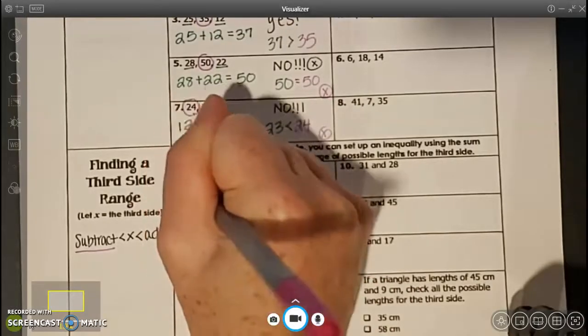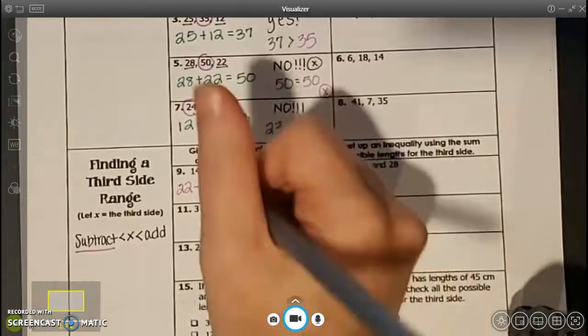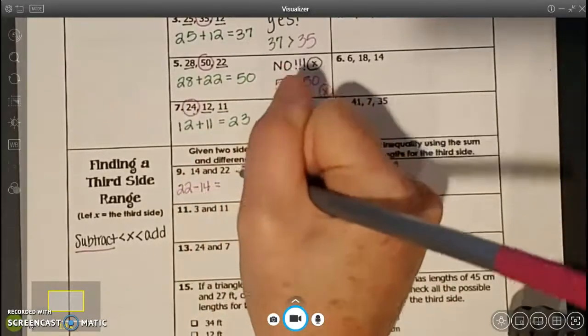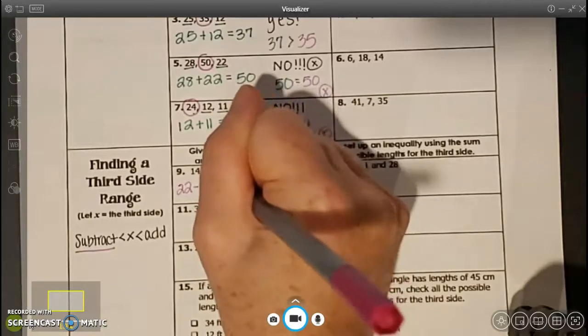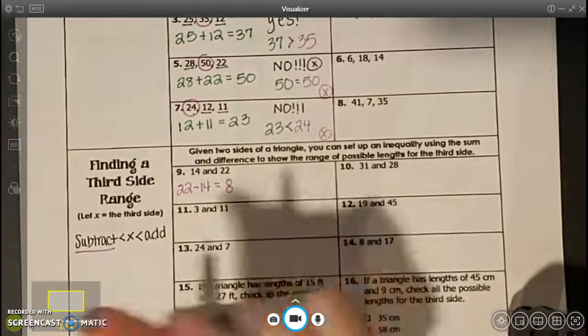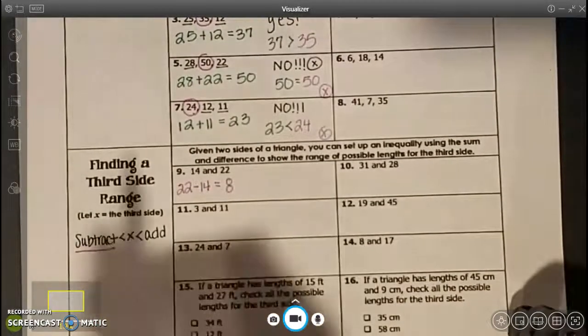And we have 22 plus 14, which is 36. So we have x is between 8 and 36.